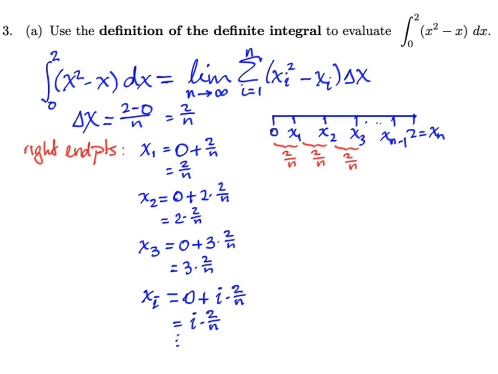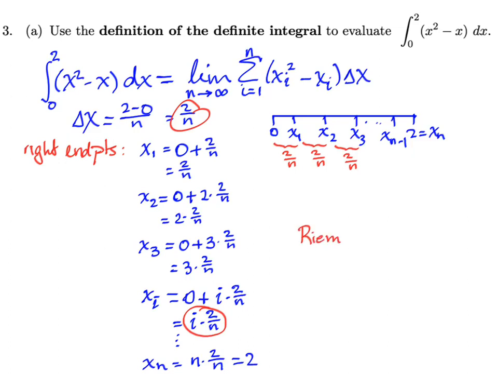If this is the right pattern, the nth right endpoint would be n times 2 over n, which does work because it turns out to be 2. So we've got the right xi. So that's what we're going to use. We're going to use delta x, which is 2 over n, and xi, which is i times 2 over n, in our Riemann sum, our finite sum.